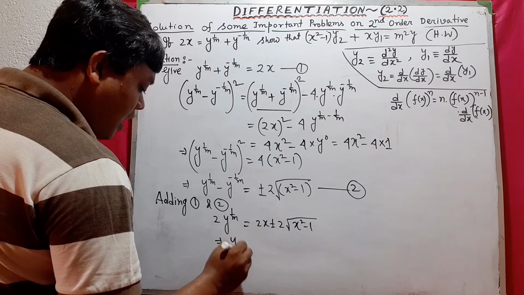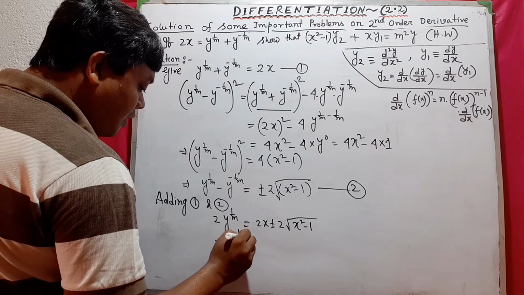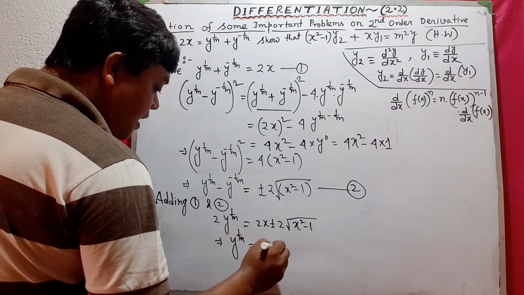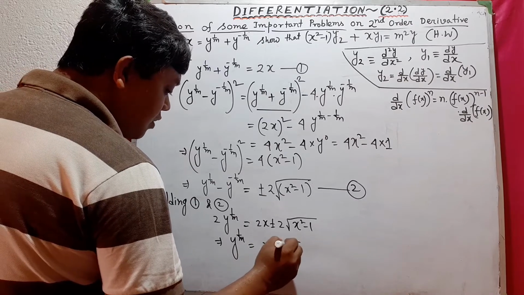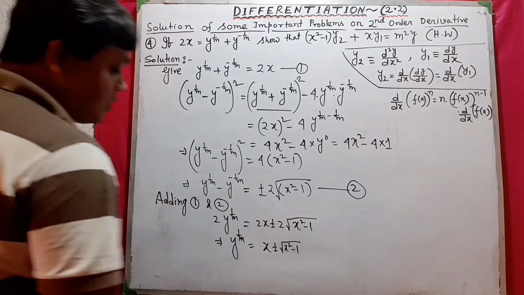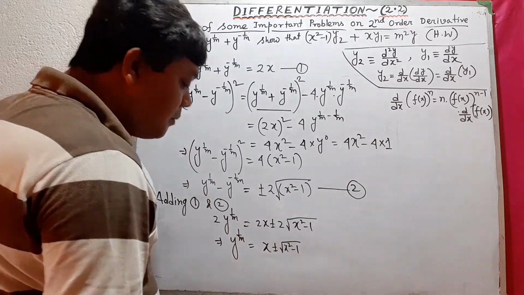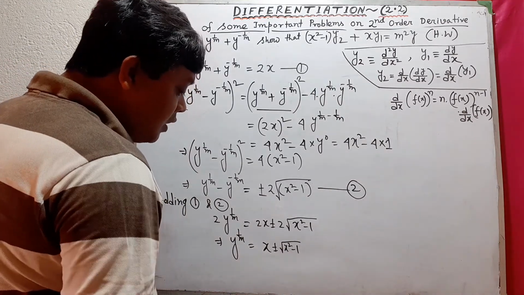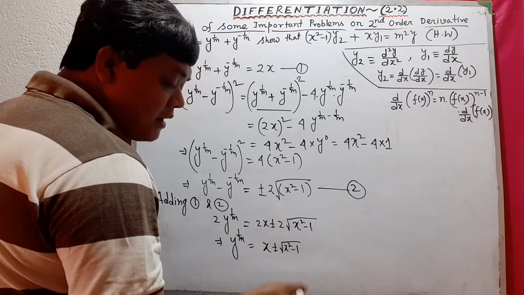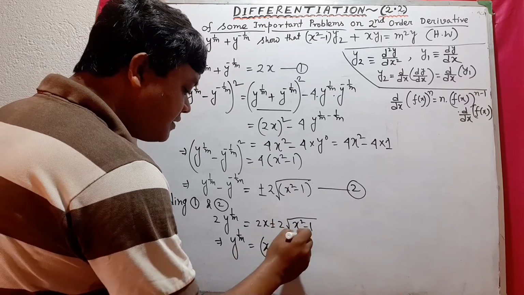So we have gotten y to the power 1 by m equals x plus minus square root of x square minus 1. Either plus 1 or minus 1, all gives the same result.